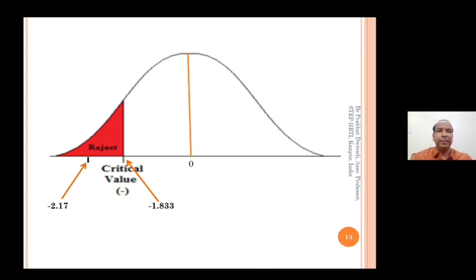So here this is the critical value of t, that is minus 1.833, whereas before that is the rejection region. So your calculated value minus 2.17 falls into the rejection region.